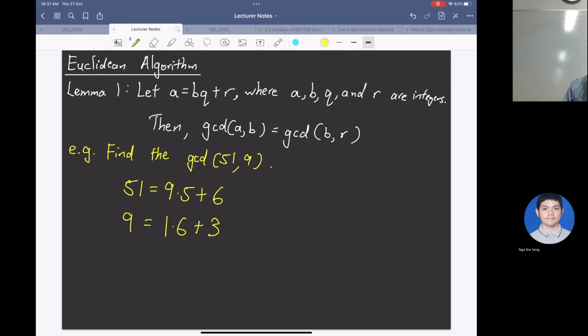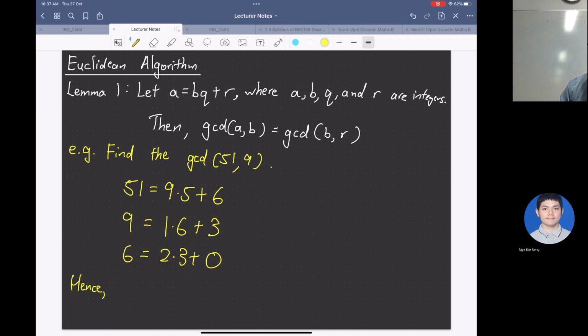So the GCD of 9 and 6 is the GCD of 6 and 3. You can keep doing it, and always you will end in this pattern plus 0. Because this will tell you that the GCD of 6 and 3 is just 3.